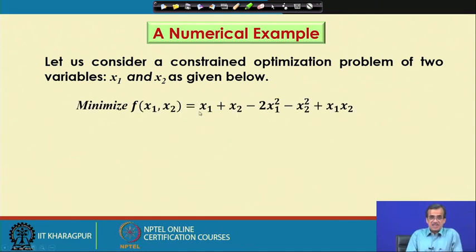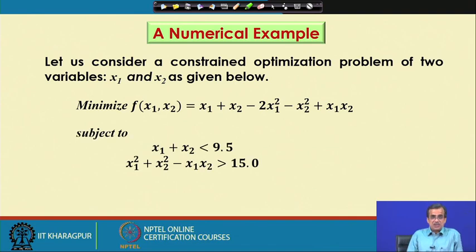The objective function is as follows: minimize f of x 1, x 2 equals x 1 plus x 2 minus 2 x 1 squared minus x 2 squared plus x 1 x 2, subject to x 1 plus x 2 less than 9.5 and x 1 squared plus x 2 squared minus x 1 x 2 greater than 15.0, and x 1, x 2 lying between 0 and 5.